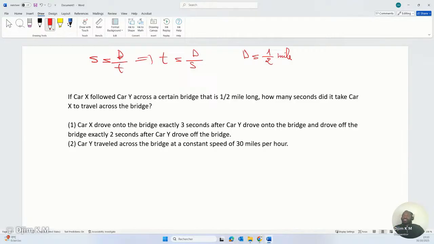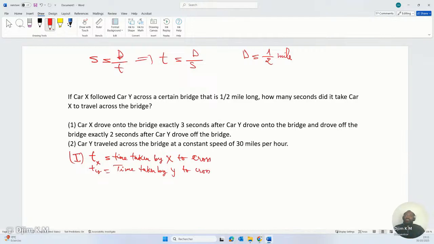So that information tells us that the time, so we'll say tx is the time taken by car X to cross, and ty is the time taken by car Y to cross.